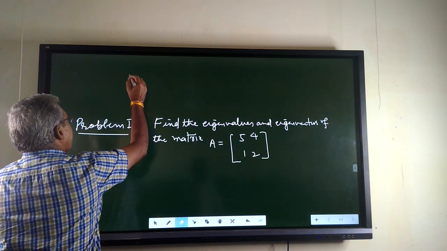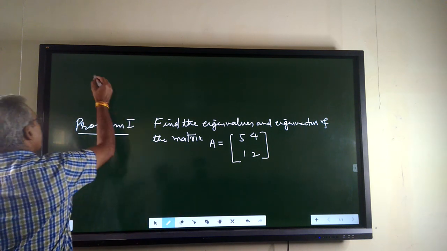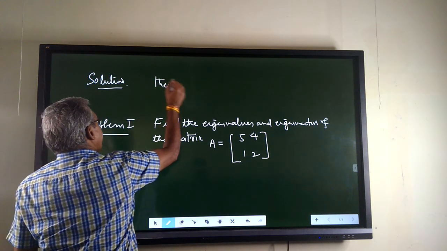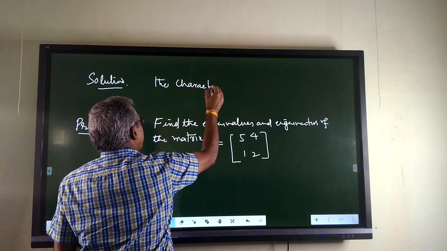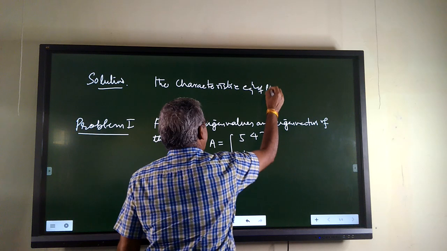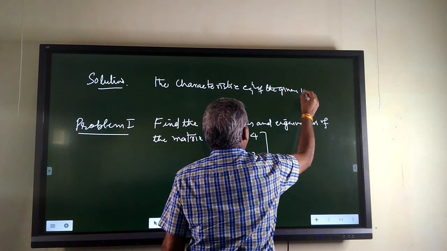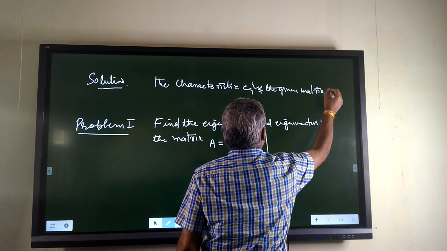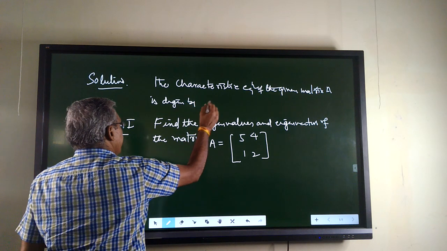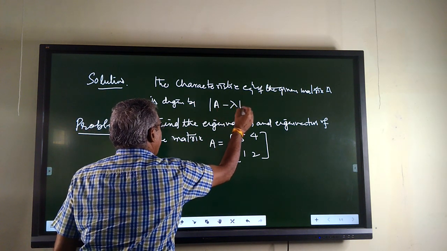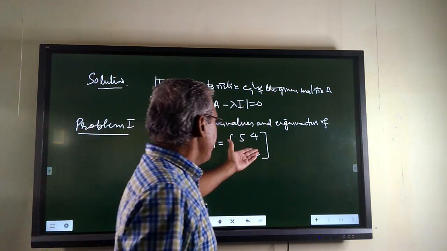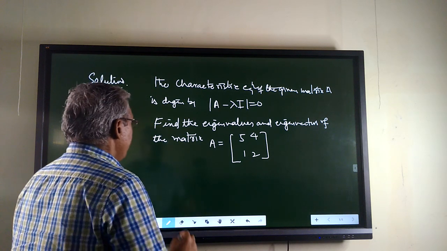Therefore, the characteristic equation of the given matrix A is given by determinant of A minus lambda I equal to 0. Here lambda is a scalar and I is a unit matrix of order 2 by 2.